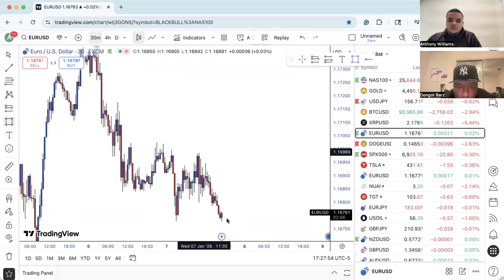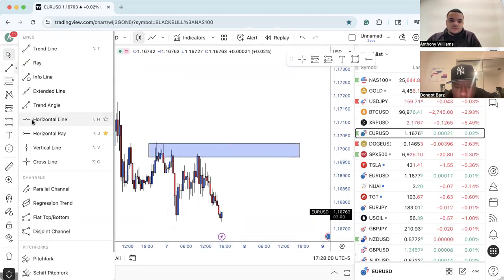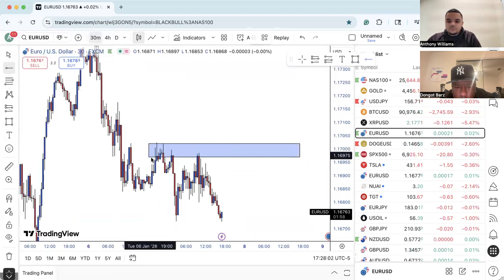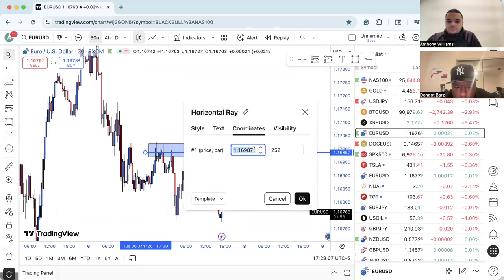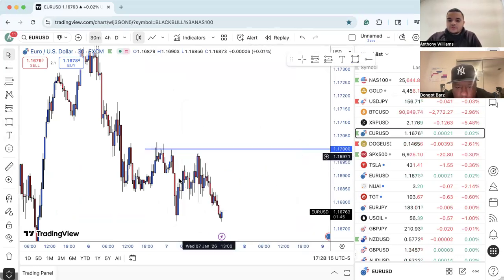You see that we are in this area right now. This would have been your resistance. So you'll put 1695? 1700. Okay. Yeah, because that's where we're at right now.